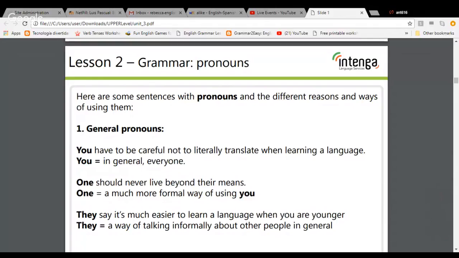Okay. Here are some sentences with pronouns and the different reasons and ways of using them. 1. General pronouns. You have to be careful not to literally translate when you are learning a language. You equal to, in general, everyone.